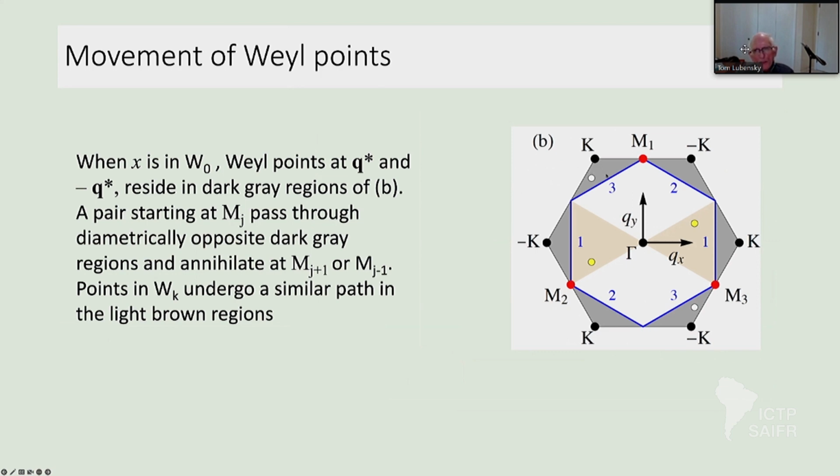So this guy traverses, we start at this point, some point in here, and I come across to the other side, and they will annihilate at the M1 point. So once I'm in here, I need to go to one of the other points to annihilate. So to go continuously, I need to do that. Though I guess I could always go back to here and annihilate again, but they can also go through a more complicated path where they annihilate at the other M's.